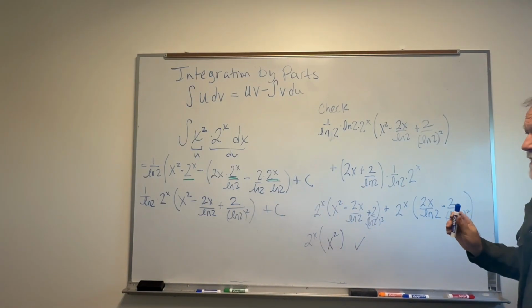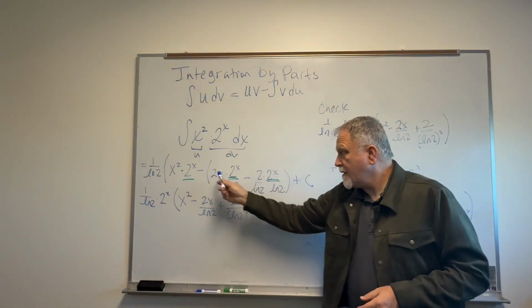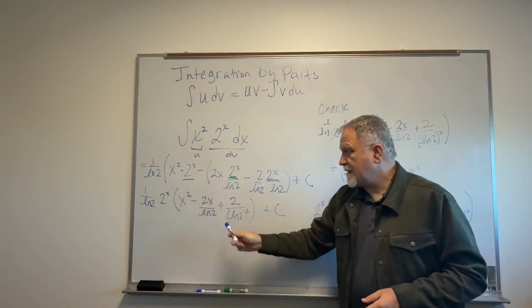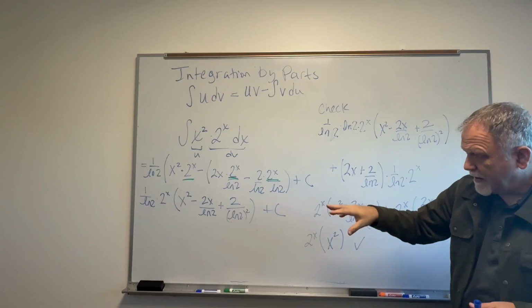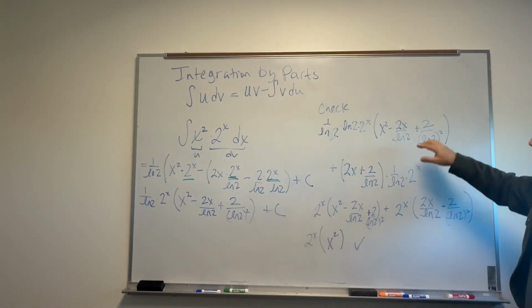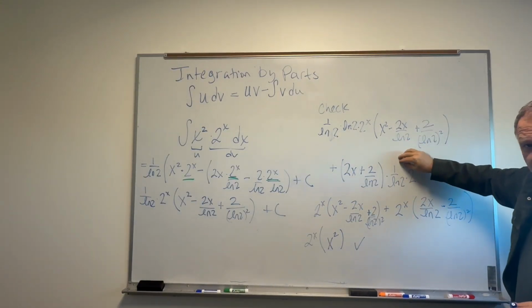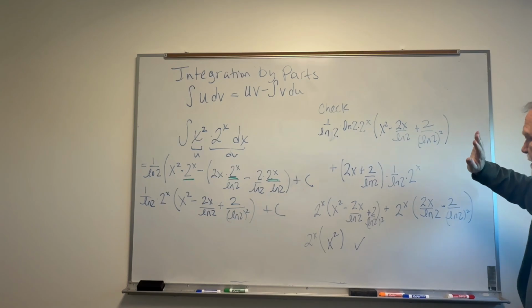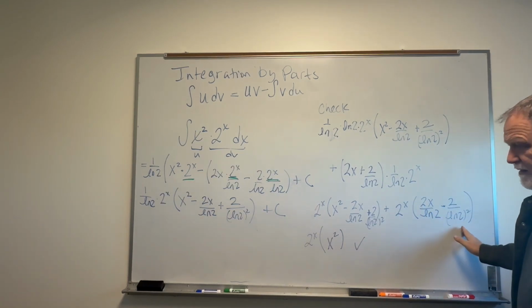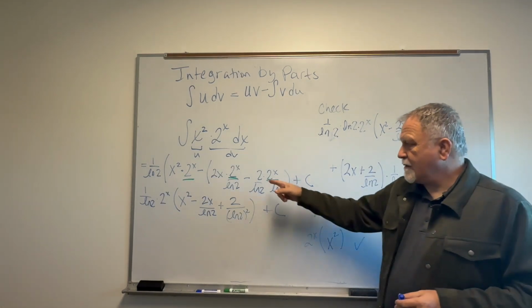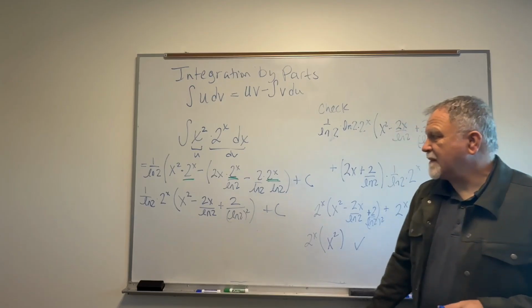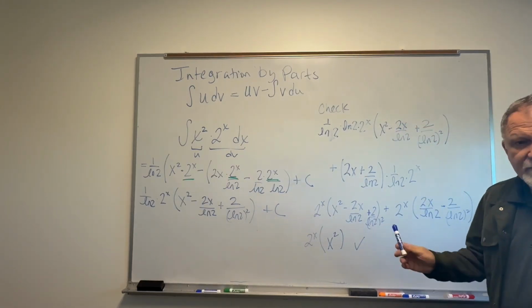In my case, I made an error. The negative times the negative was to be a positive, and I missed that. That was a copy error as I came down, but I was able to detect that error over here and go back and say, oh wait, it's not turning out the way I expected it to. Let me go back and see where my error was, and there it was. I missed that.